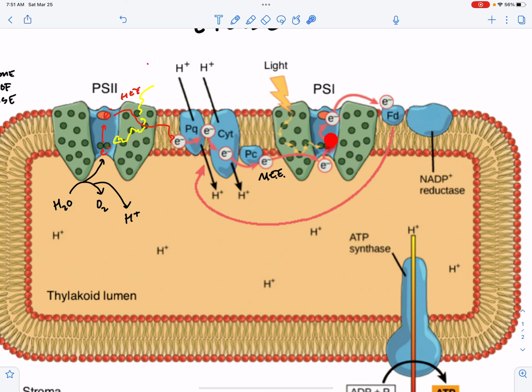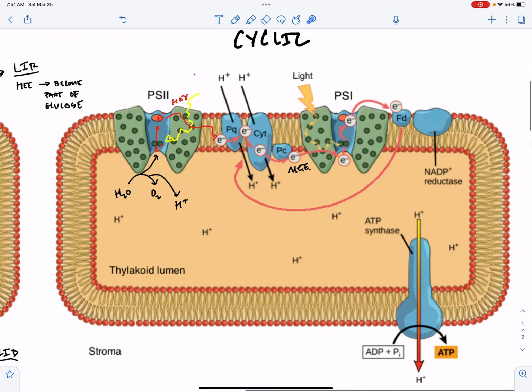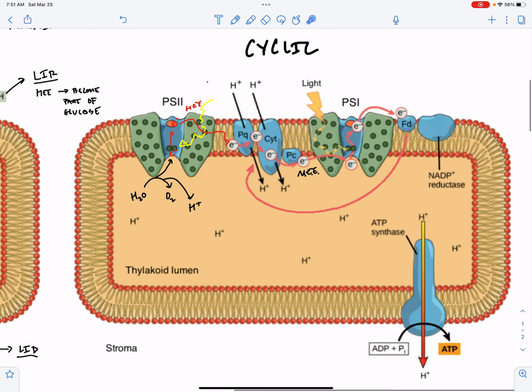Photosystem 1 excites that electron just like it would in linear, but instead of that electron being passed off eventually to NADPH, it is recycled and brought back to this electron transport system, where it's used to pump more hydrogen into the thylakoid lumen. So how is cyclic different from linear?